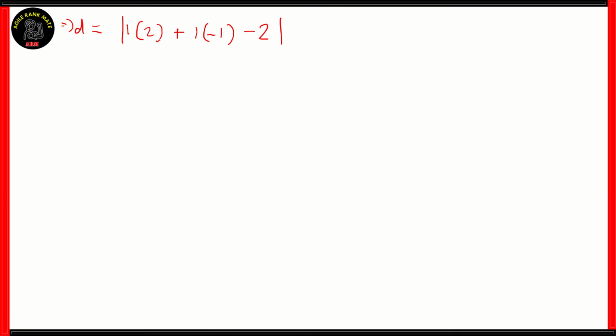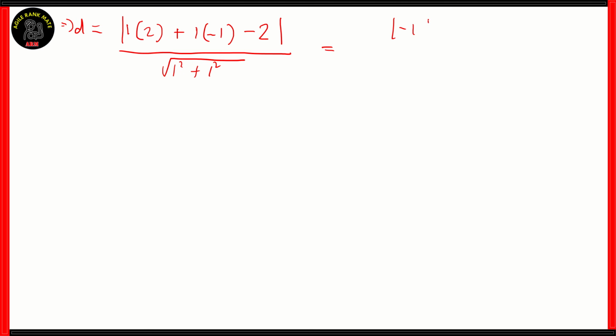So we'll apply modulus on the numerator, and in the denominator we would have 1 squared plus 1 squared. Okay, so 1 times 2 is 2, 2 minus 1 is 1, and 1 minus 2 is minus 1.